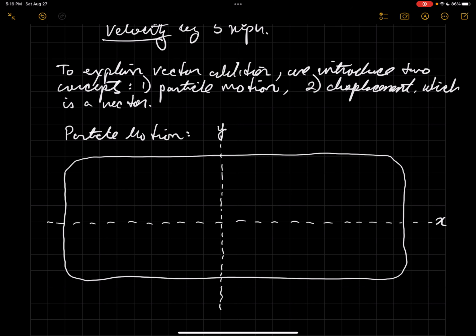Suppose that we have a ball, a pool ball, which will soon transition our terminology to, say, particle, right? So you can think of pool balls as being particles. Suppose that this ball exists at some initial location, which we're going to call P1, where P stands for point. So this is point number 1, where the ball exists.